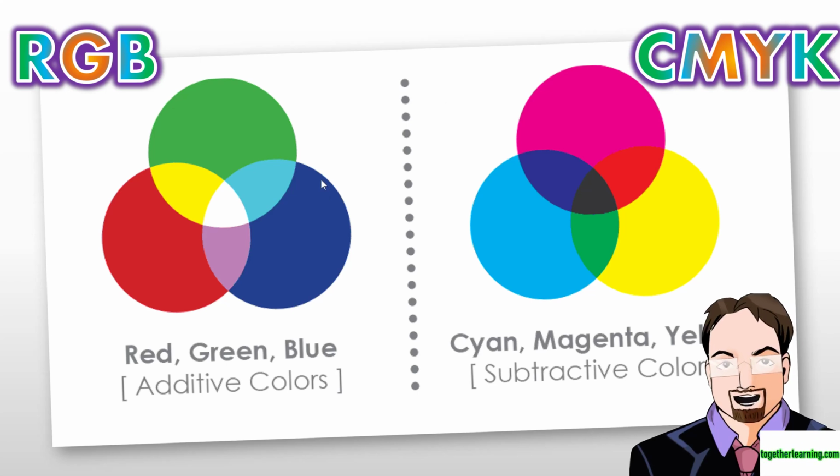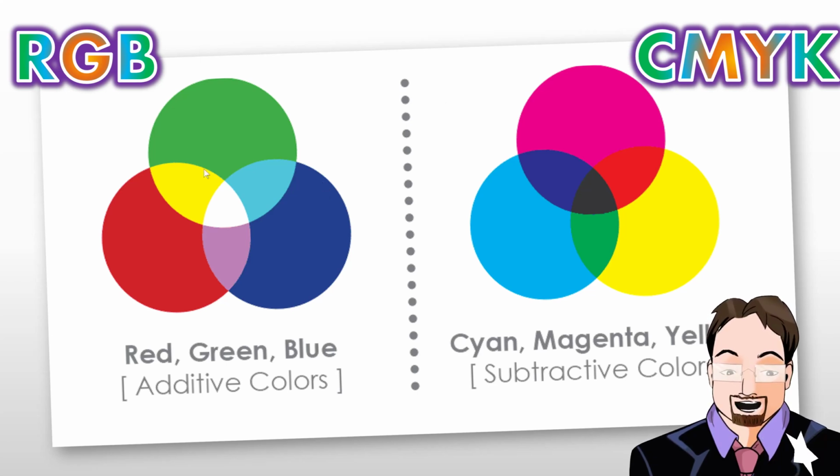There are two different ways we can think about mixing colors, and that's RGB and CMYK. RGB: red, green, blue. CMYK: cyan, magenta, yellow, black, right? Mainly, RGB is used for digital purposes, mixing them together to get more colors, or taking out colors to get different colors, while CMYK is used for print media.